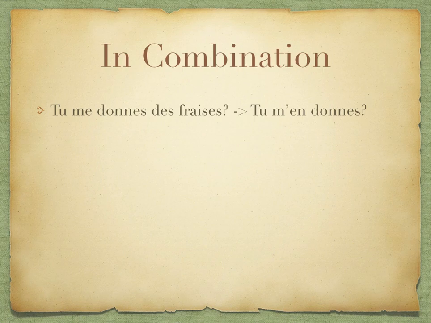We know we have to replace the des frais, and we know it's going to go in front of the verb, but that's going to go after the me, because me always comes first. Because we have those two vowels together, me and te will always contract with en to form m'en and t'en. Tu m'en donnes.